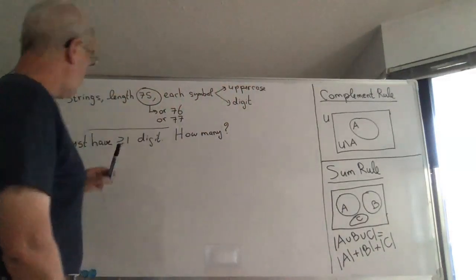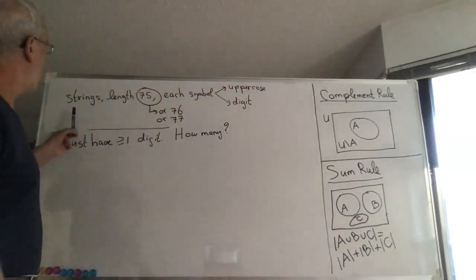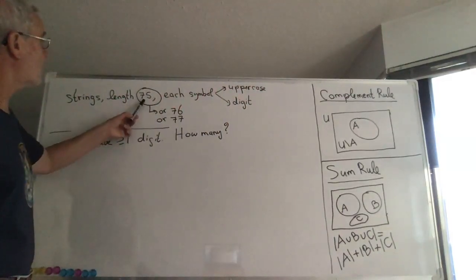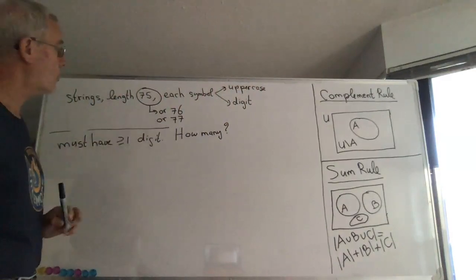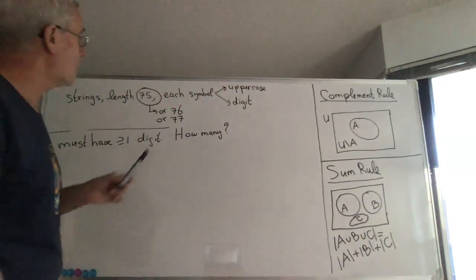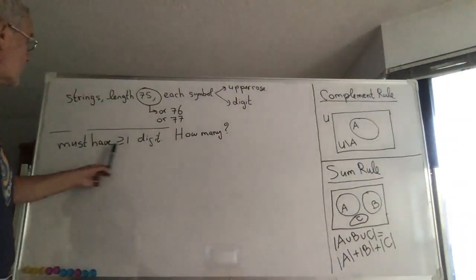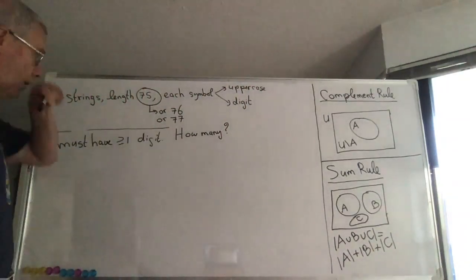Okay, so let's go back here. How many strings are there of length 75 or 76 or 77? Every symbol, uppercase letter or a digit, and the string must have at least one digit.